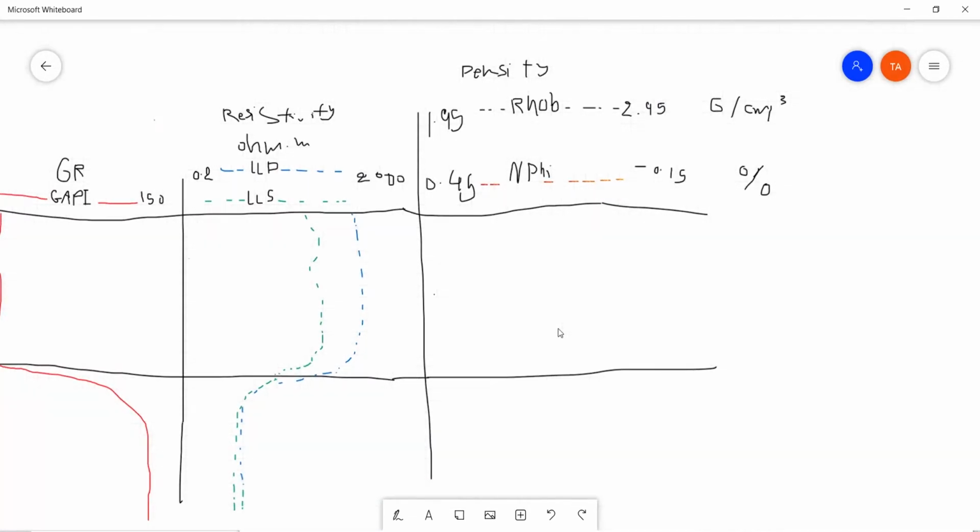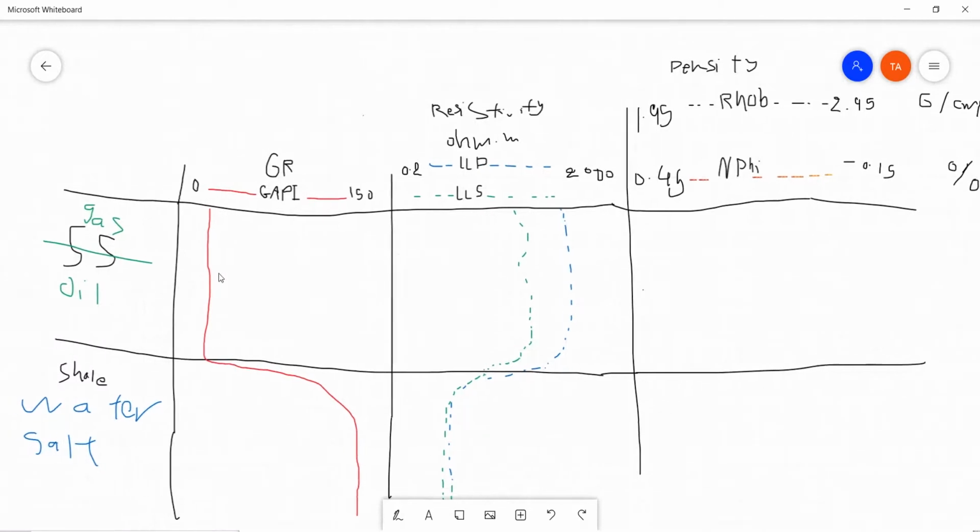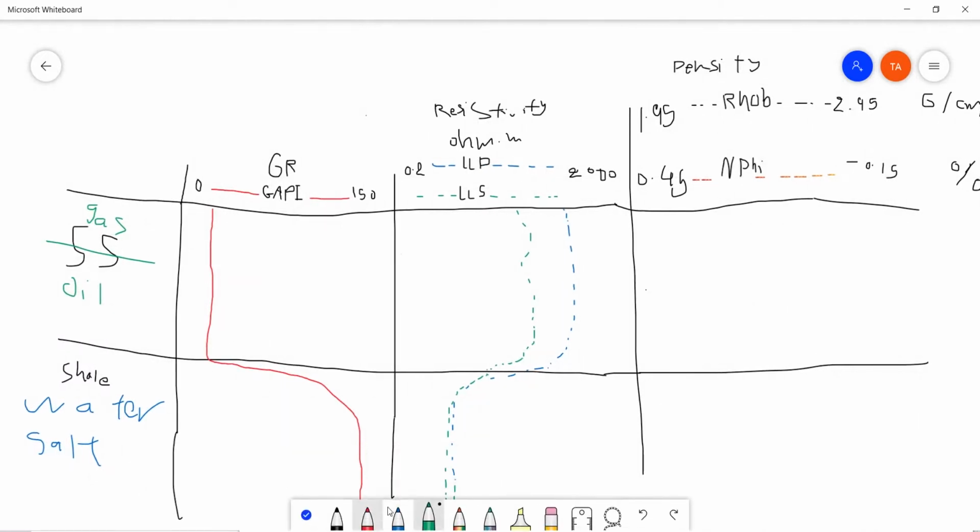Now let's talk about the density logs. As I said right here, we have gas at the top and oil, and after that we have shale and salt water.